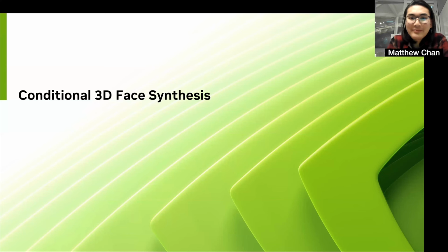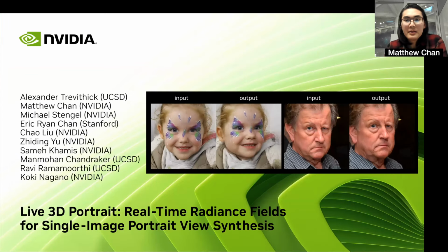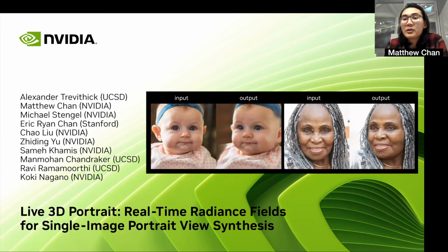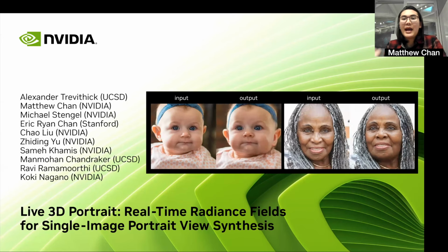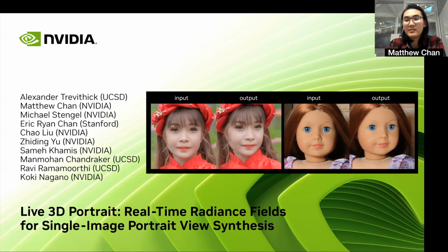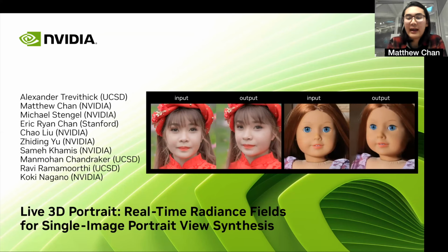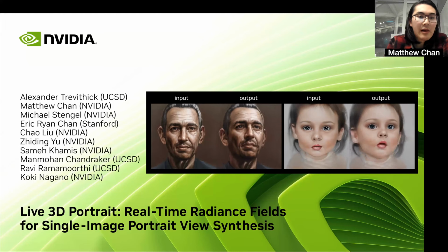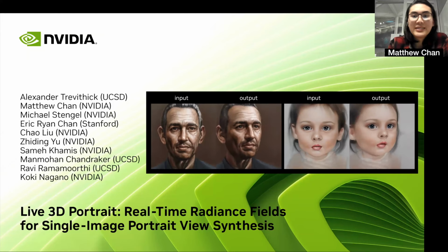So now that we know how to make high-quality fake people in 3D, let's get to the interesting stuff, which is how do we actually use that to make high-quality real people in 3D? I'm just going to talk a little bit about this AI 2D to 3D lifting approach that we submitted and presented at SIGGRAPH last year, called Real-Time Radiance Fields for Single-Image Portrait View Synthesis.